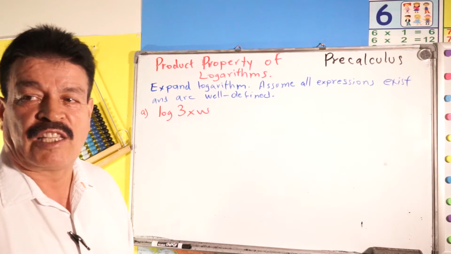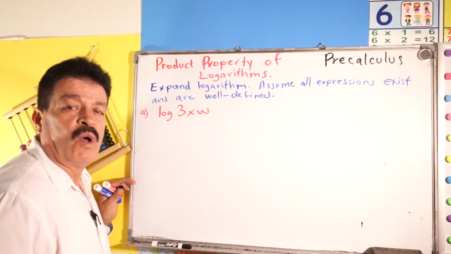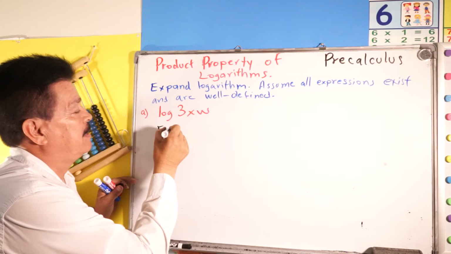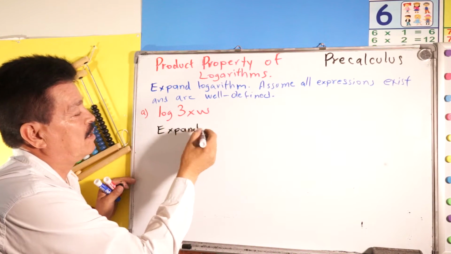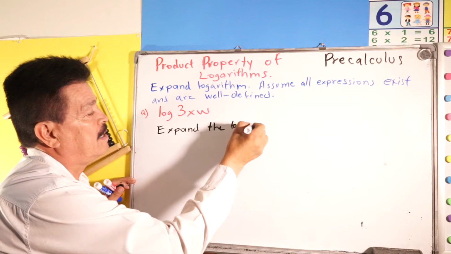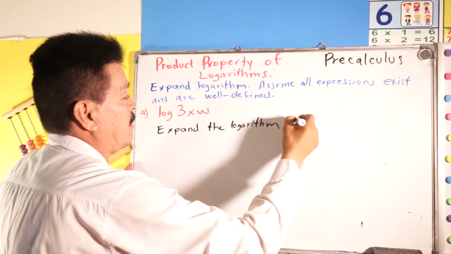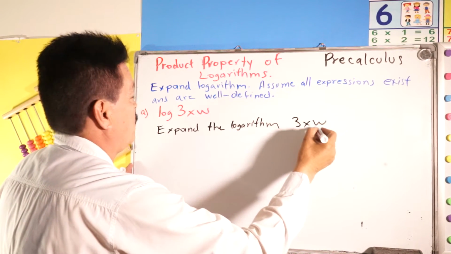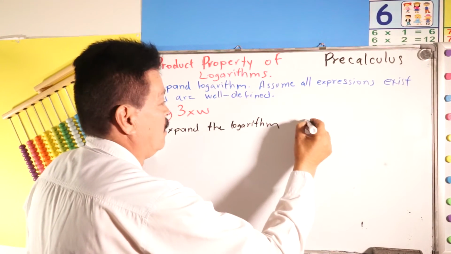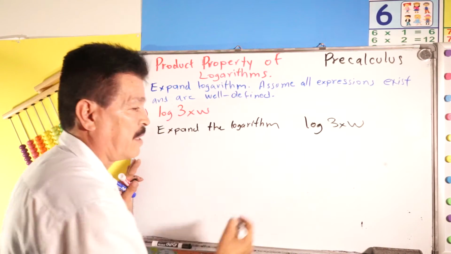How do we solve this problem? Here we have to expand the logarithm. In this example, log of 3xw, we have to expand.